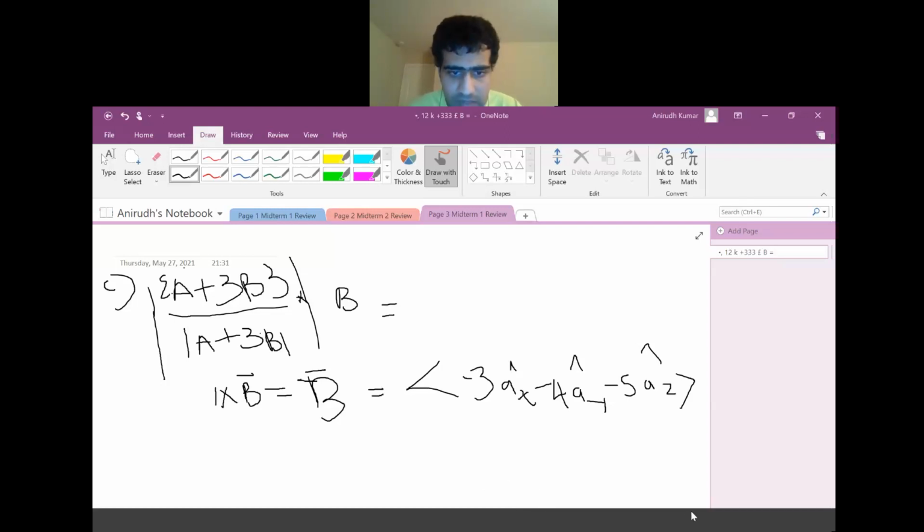The long way of going about this whole thing would be to find the magnitude of a plus 3b, then add a plus 3b, divide the two, and you would get a specific directional vector. You would take the dot product of that directional vector with b, only to realize that everything was going to cancel out and you were going to be left with this.